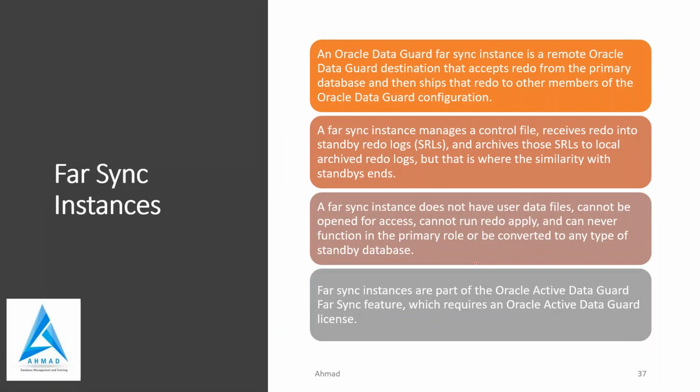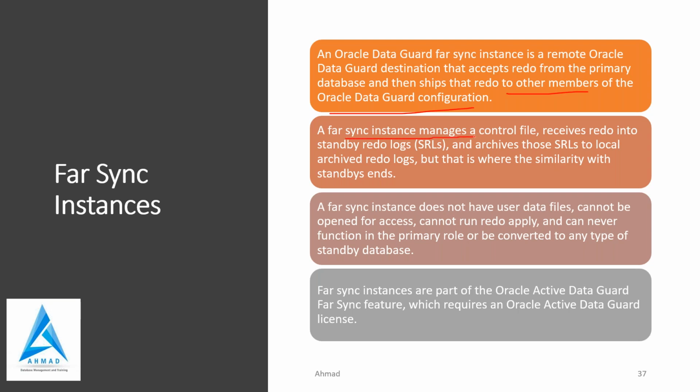Now in 12c we have the far sync concept, basically the far sync instance. This far sync instance is a remote Oracle Data Guard destination that accepts redo from the primary database and then ships the redo to other members of the Oracle Data Guard configuration.